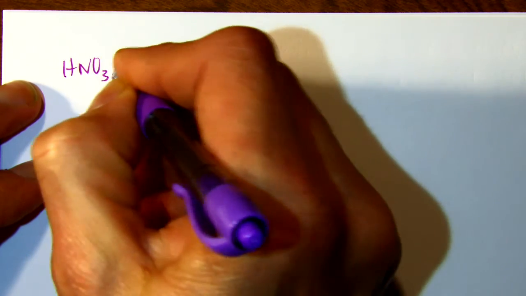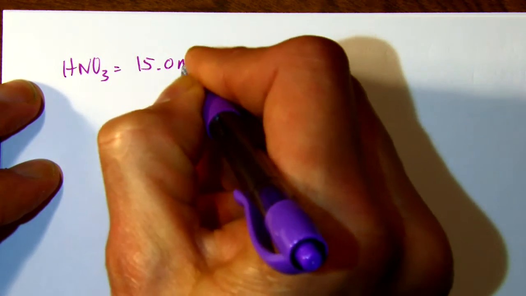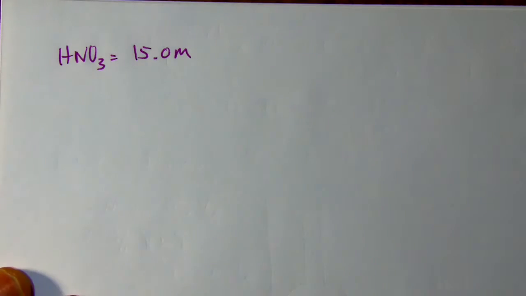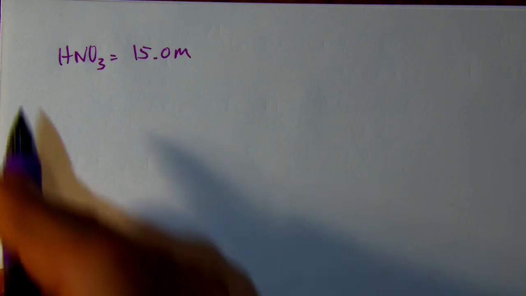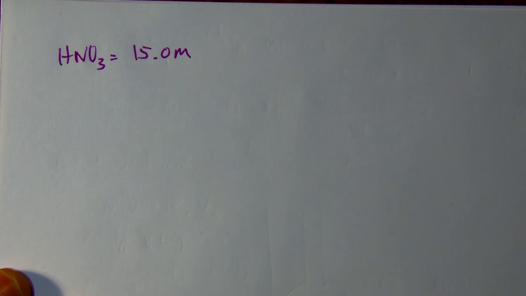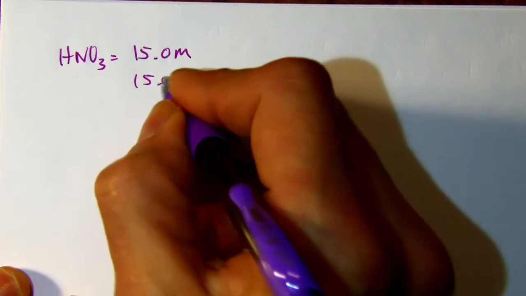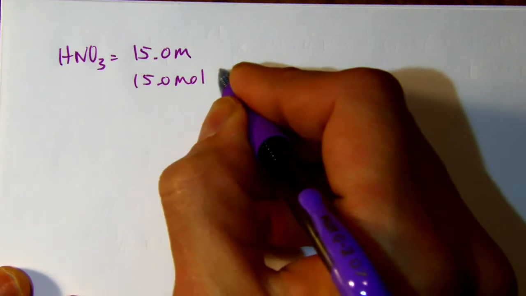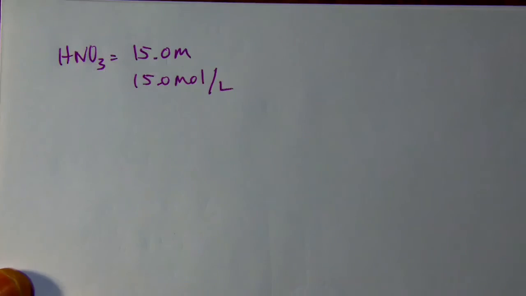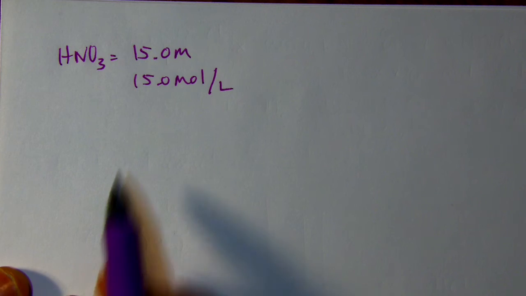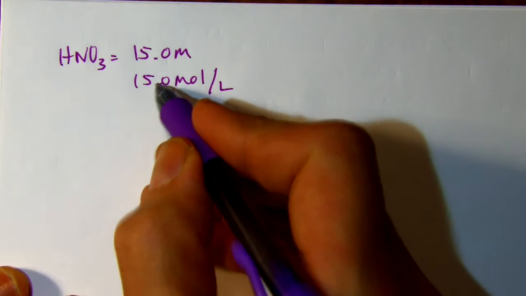So HNO3, when I get it in the bottle, is like 15 molar. That is extremely concentrated. Just the fumes coming off of that are bad news. So this is 15 moles of HNO3 for every liter. Hugely concentrated. Very dangerous stuff.